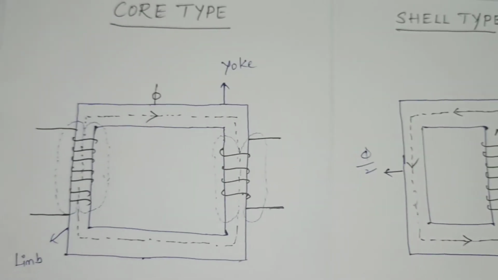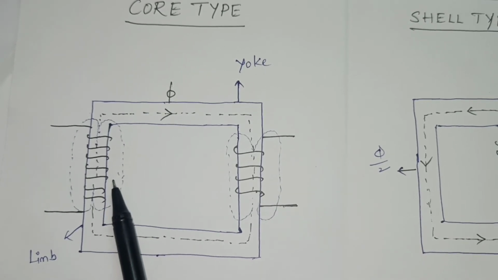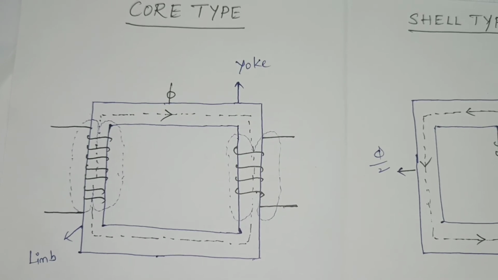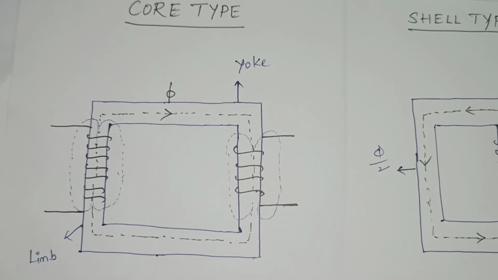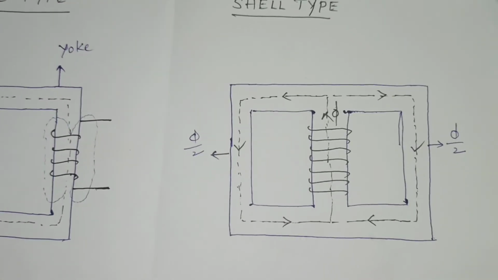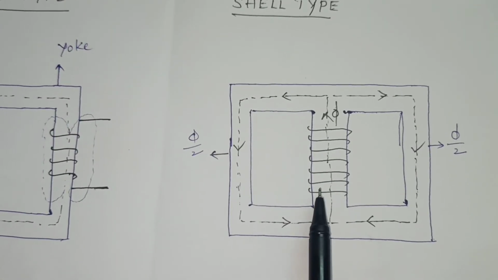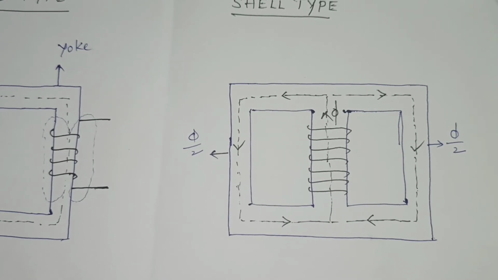Because of copper, the insulation is less in our core type transformer. Both insulation and copper material are inversely proportional. If copper material is more, your insulation material is less. But coming to the shell type transformer, the copper material is less, so your insulation will be high in the shell type transformer.